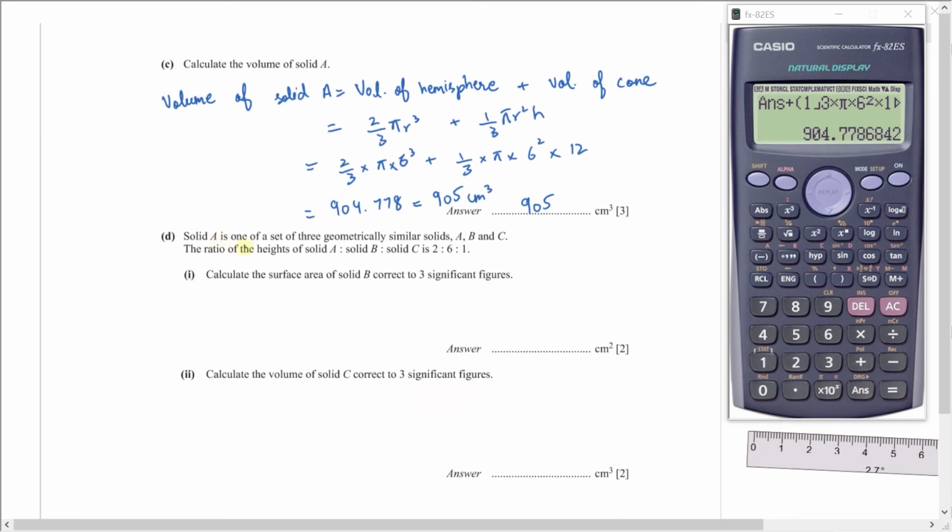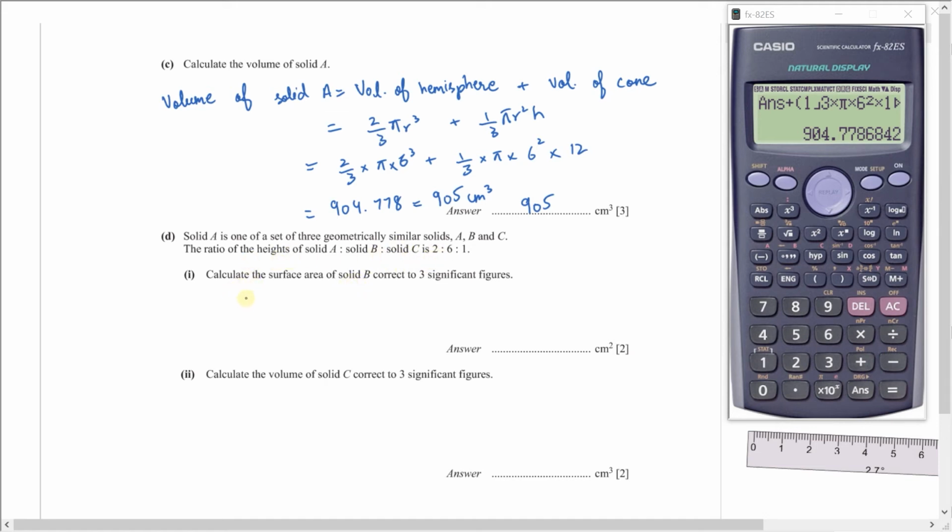Part D: solid A is one of a set of three geometrically similar solids A, B, and C. The ratio of the heights of solid A, solid B, and solid C is 2:6:1. Calculate the surface area of solid B correct to three significant figures. Since these are similar solids, we can use the property that the ratio of their surface areas will be the ratio of the squares of their heights.